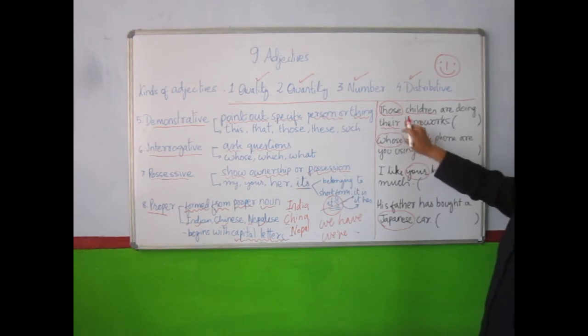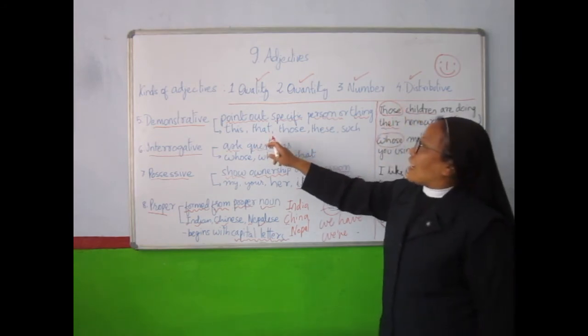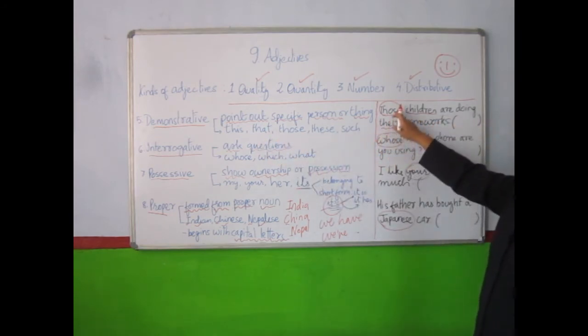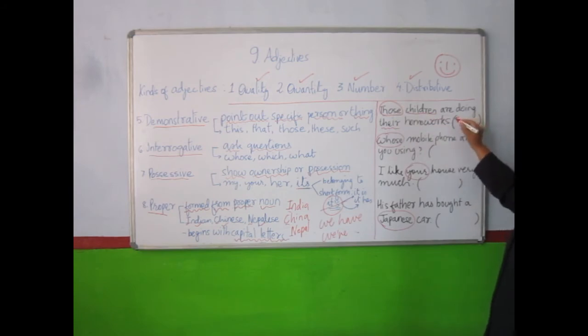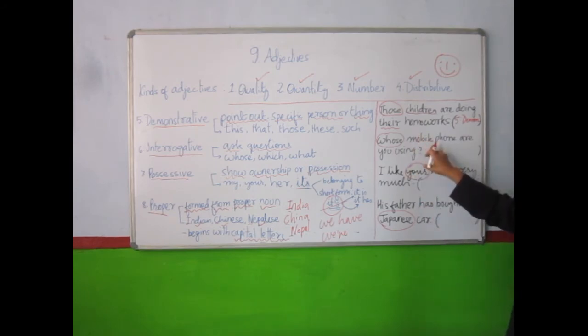It's 5. See? These, that, those, these, such. So those is number 5. Which adjective is number 5? Demonstrative. Alright? Okay, good. Now let's try here. Whose? The noun? Mobile phone.